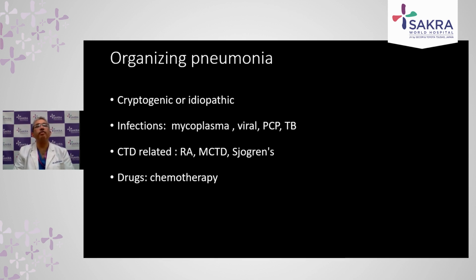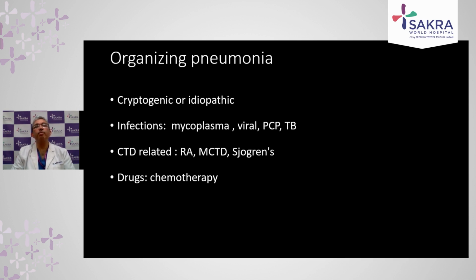The third common type of idiopathic interstitial pneumonia or idiopathic interstitial lung disease, or DPLD, is cryptogenic organizing pneumonia. It is called cryptogenic because it has to be diagnosed after ruling out the other conditions which I mentioned in the lower part of the slide, that is infection, connective tissue disease, and drugs, just like idiopathic NSIP.